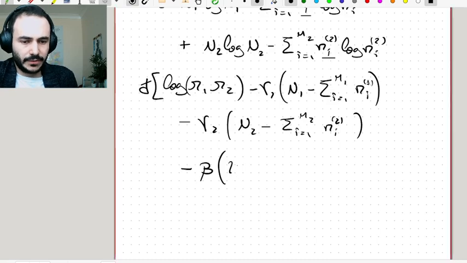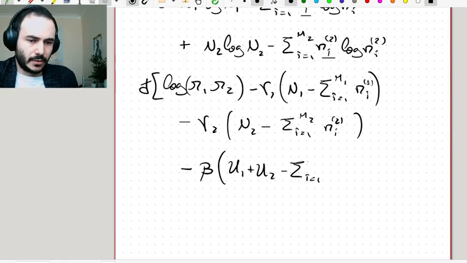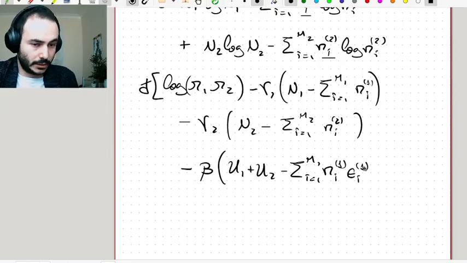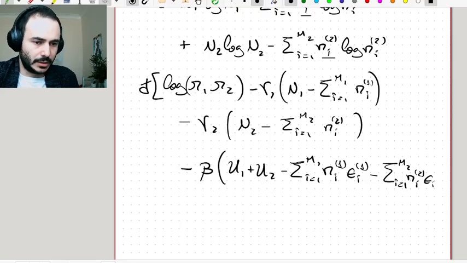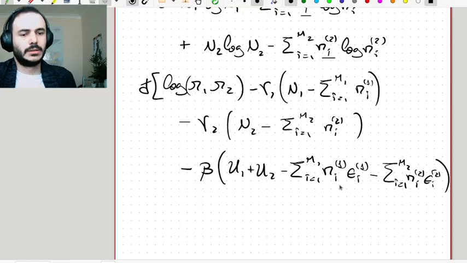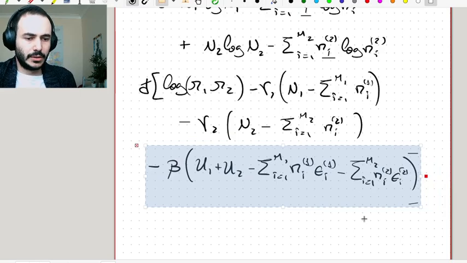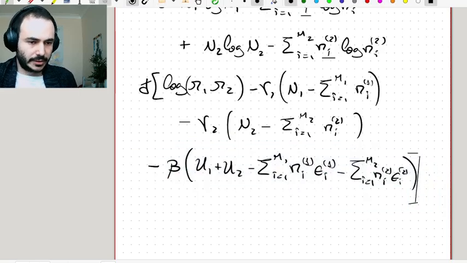So here we have u1 plus u2 minus the sum from 1 to m1 of ni1 ei1 minus the sum, the contribution to the energy of the second part, ni2 ei2. That long expression has to be equal to 0. That's what you do to apply the Lagrange undetermined multiplier method.